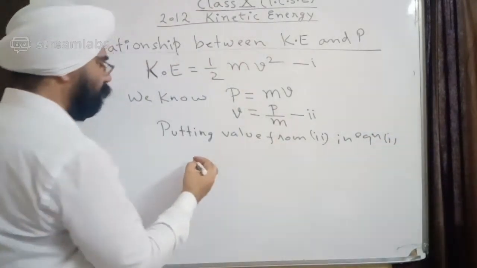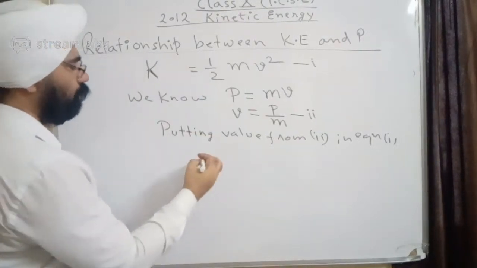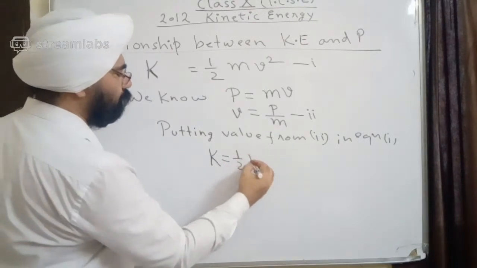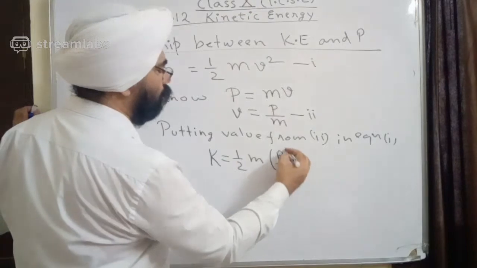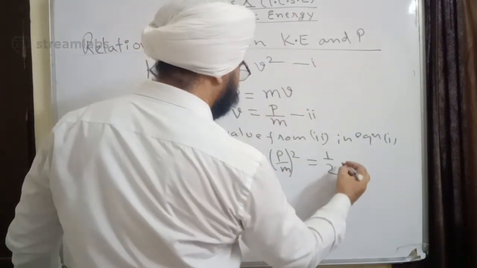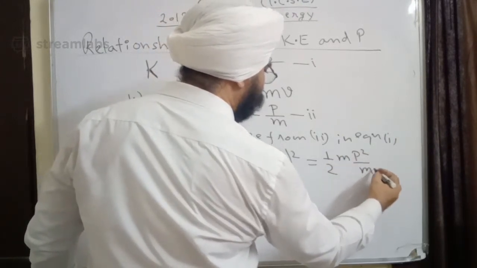So what does it become? It becomes k is equal to half m, and then I put p by m whole square. So this is equal to half m p square by m square.